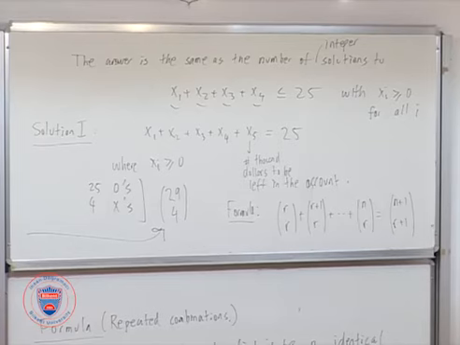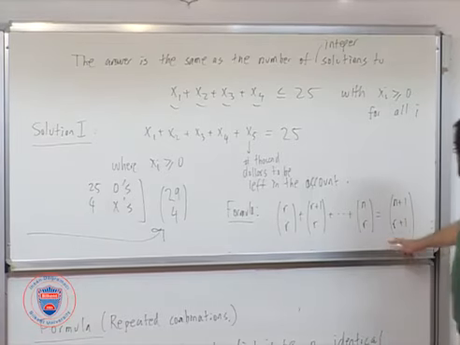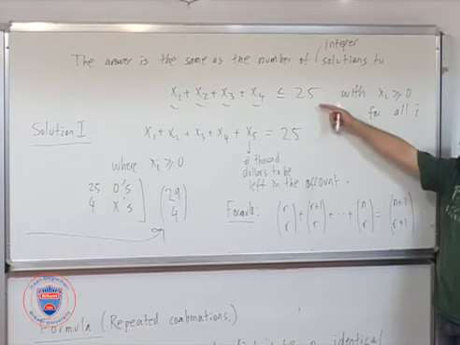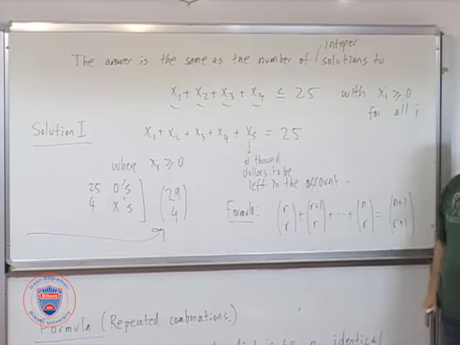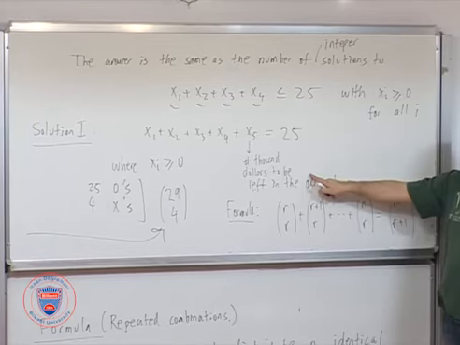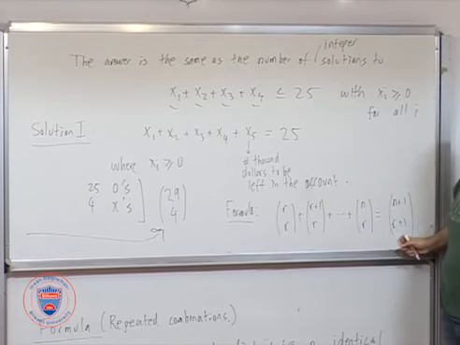Now we found one. You can actually count the number of solutions to the equation with sum less than or equal to n with R items, and you can count that first using a dummy variable, and you will get this answer.